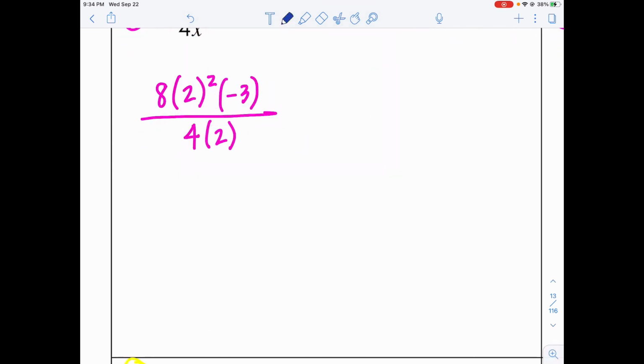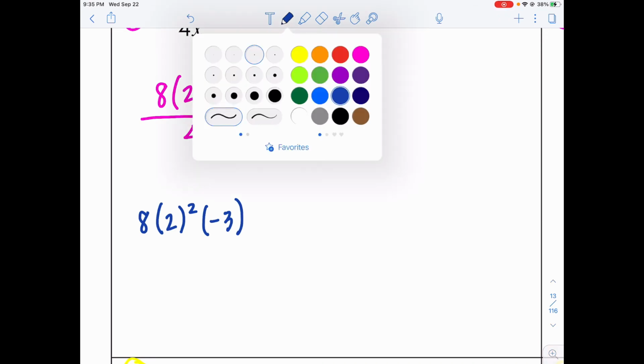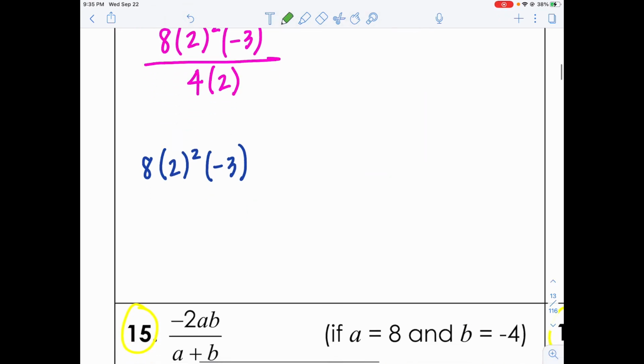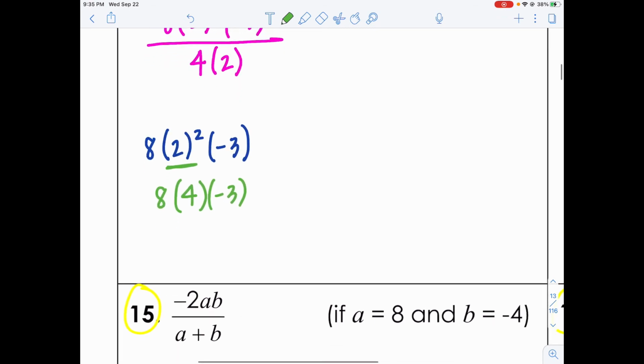Simplifying the top, I'm going to rewrite it. This is 8 times 2 squared times a negative 3. Order of operations tells me that I need to do my exponents first. So this is my exponent that I have to do first. 2 squared is 4. And I'm going to keep it in a parentheses and bring down everything that I have not used. Now I have 8 times 4 times a negative 3.